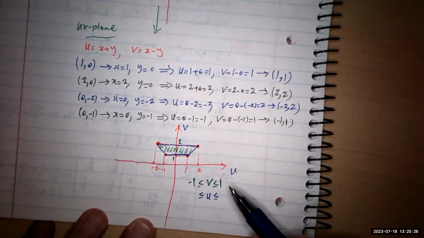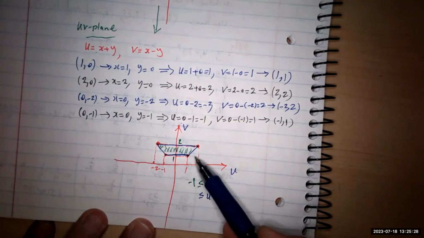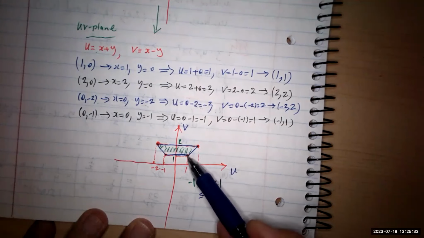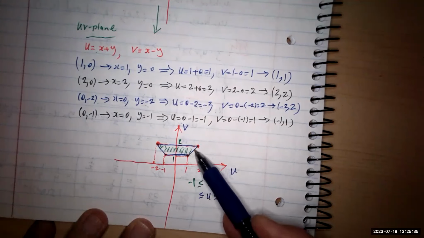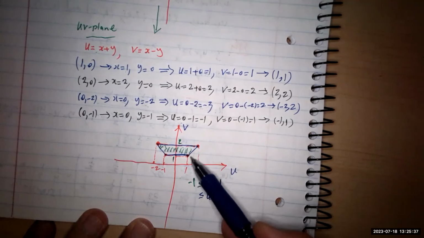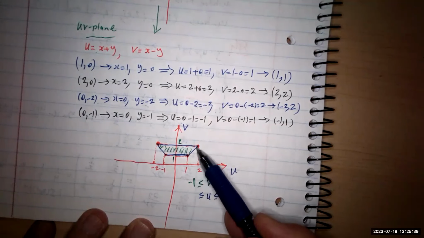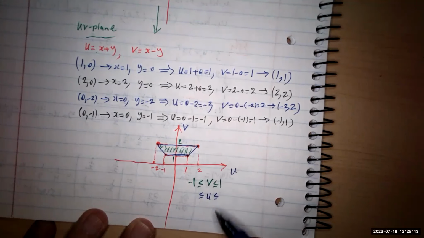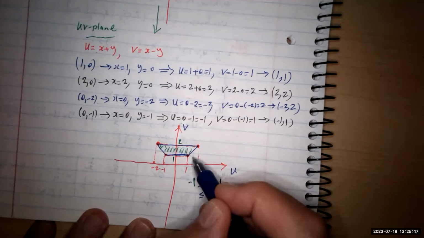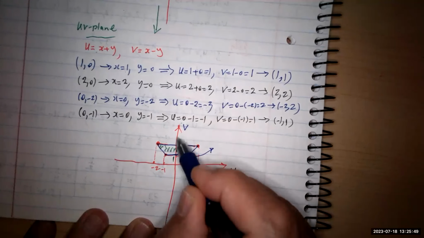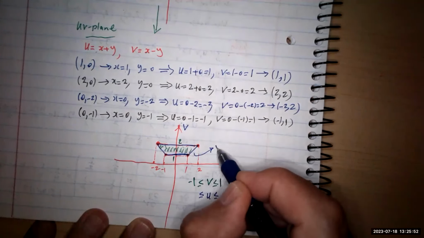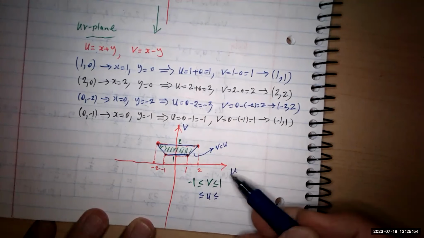Let's see what you have. When you go to the right and the left, what type of lines are these? You know that this is 1, 1, and this is 2, 2. So this line is simply v equal to u.